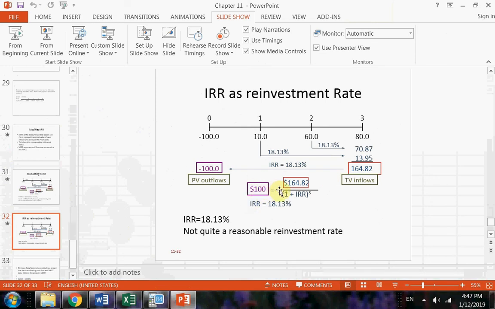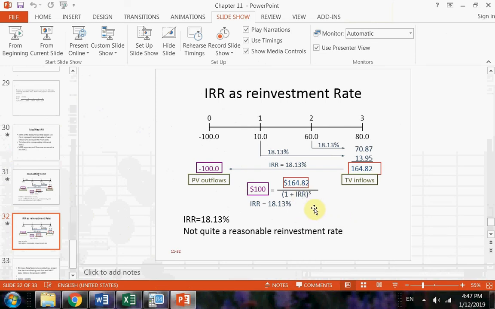So how much did you invest today? You invest a negative 100. So negative 100 plus the discounted future value, which is 100 positive, you will get 0. So your NPV will be 0, and the discount rate when you have a 0 NPV is IRR.